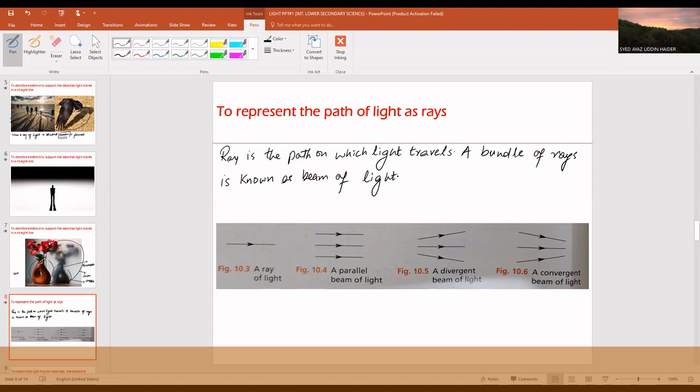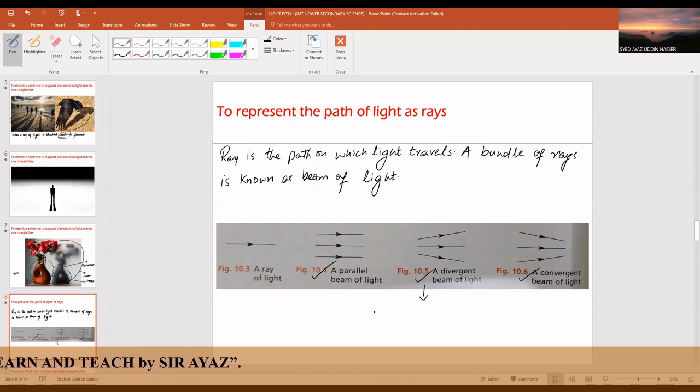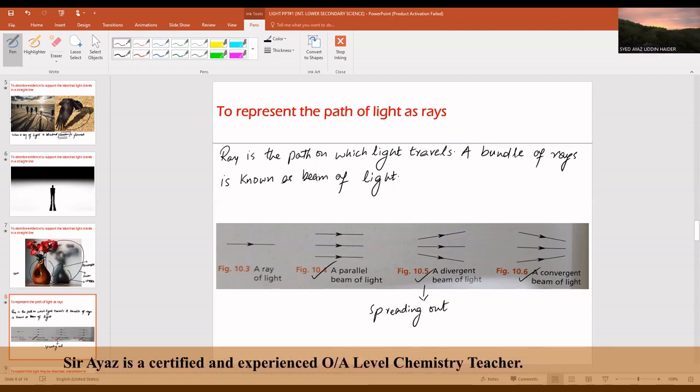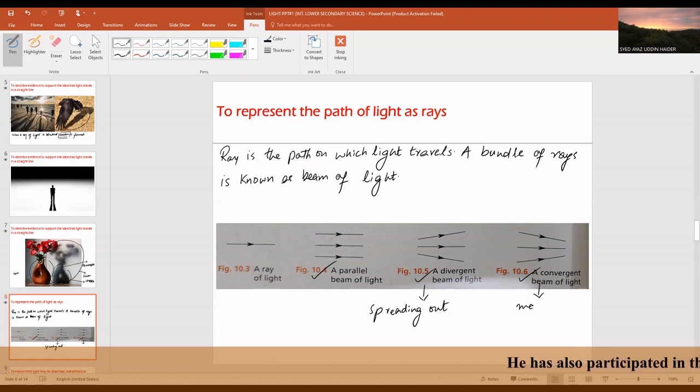It can be parallel, divergent, or convergent. A divergent ray is like a bundle of rays spreading out. And convergent rays is like merging of a bundle of rays.